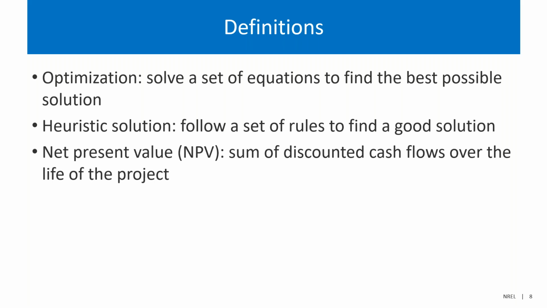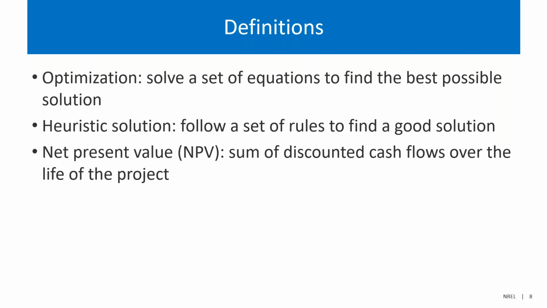Typically, that involves minimizing a life cycle cost or minimizing the utility bill given the dispatch of the battery. A heuristic solution follows a set of rules to find a good solution. So it may not be as good as the optimal solution, but it still is providing value to the battery, and we'll get into the trade-offs between some of these later in the presentation.